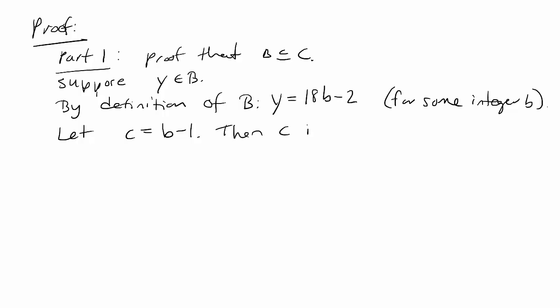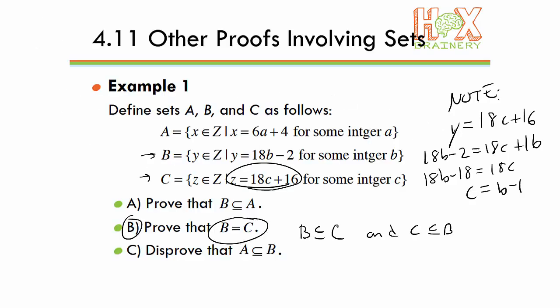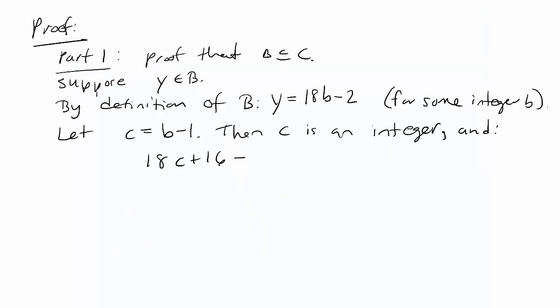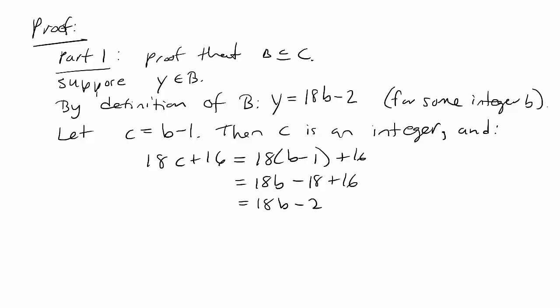And I'm going to say then c is an integer, because it's the difference of integers, so it would have to be an integer. And 18c plus 16, that's the definition for set C, is equal to 18(b minus 1) plus 16, replacing the c with b minus 1, 18b minus 18 plus 16, 18b minus 2, which is equal to y, right?